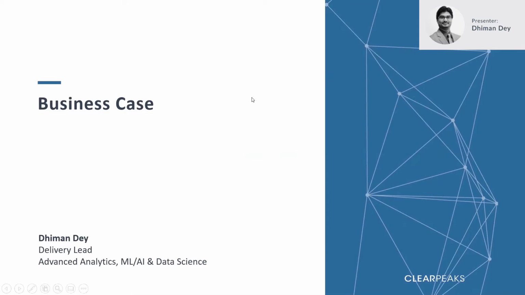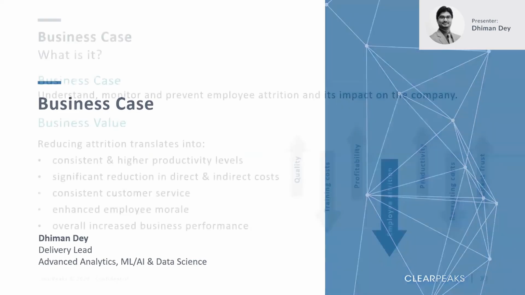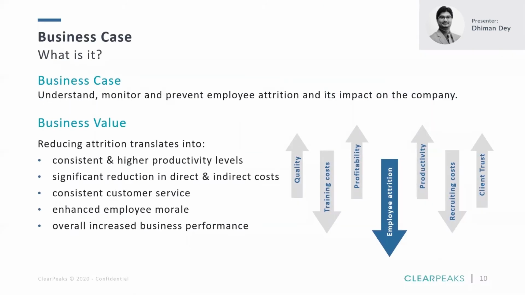Thanks, Gian, and welcome everyone once again to this webinar of using machine learning to reduce employee attrition in your organization. So quickly jumping into the business case that we have at hand. We all understand employee attrition. It's basically when your employees are planning to leave your organization.